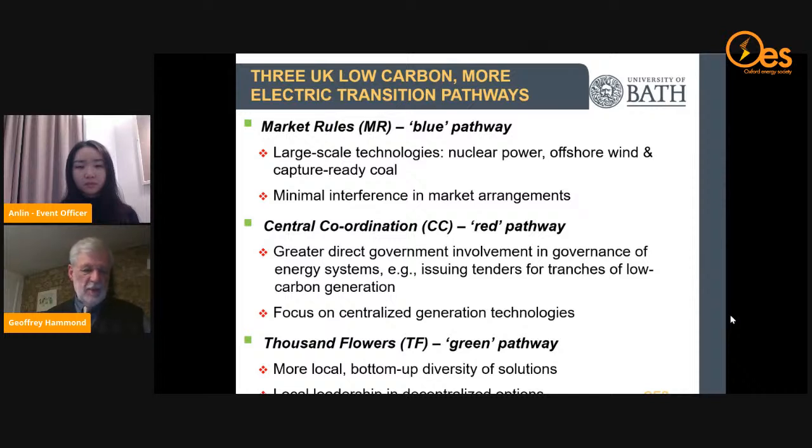But again, it focuses mainly on centralized energy generation. And looking back, we find that there's not an awful lot of difference between the market rules pathway and the central coordination. The major difference is in this pathway, which we called Thousand Flowers, which involved more local bottom-up diverse solutions, which involved local leadership to encourage decentralized energy generation sources in the community.